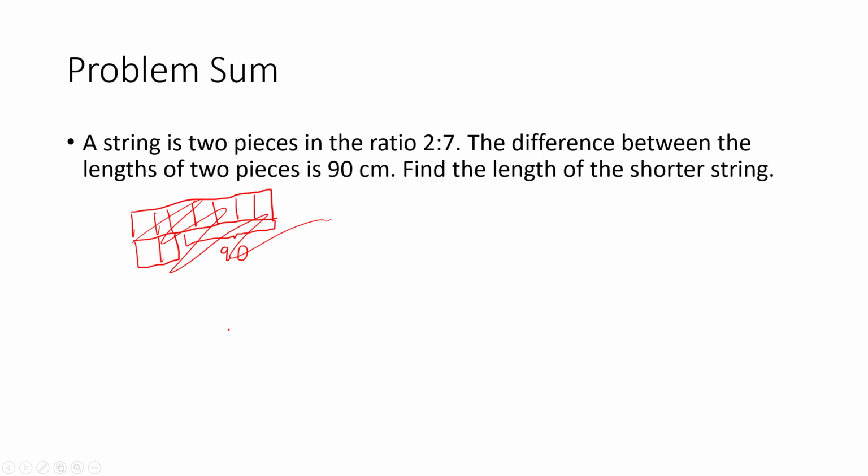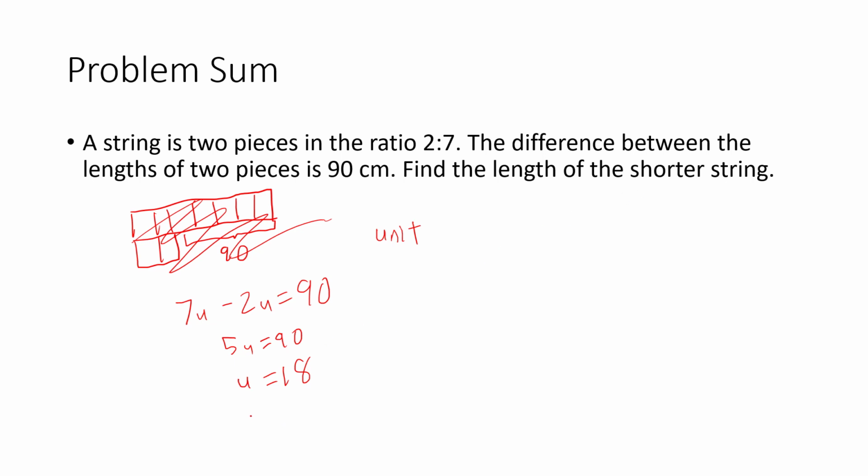You have learned algebra, so let's find the difference between these two. 7 unit minus 2 unit is equals to 90. Now, again, you can write unit, but come on, algebra. So 5 unit is equals to 90. 1 unit is equals to 90 divided by 5, which will give me 18.